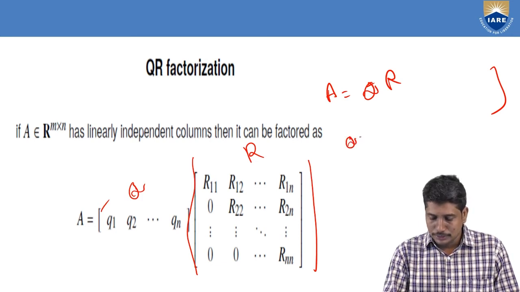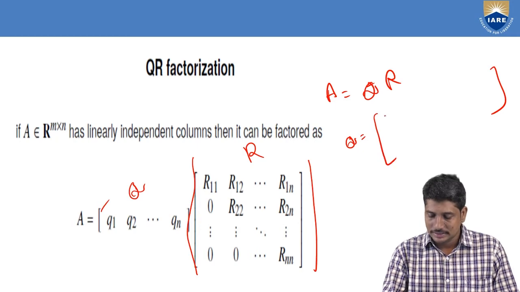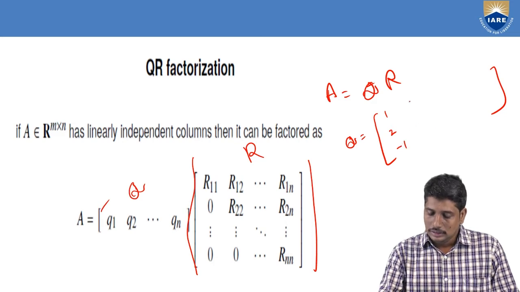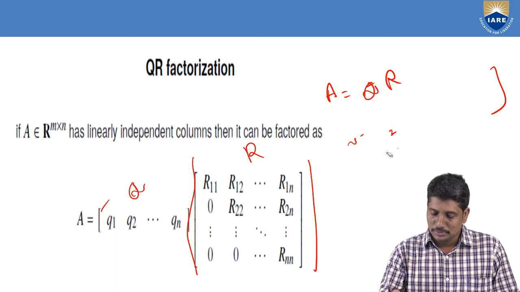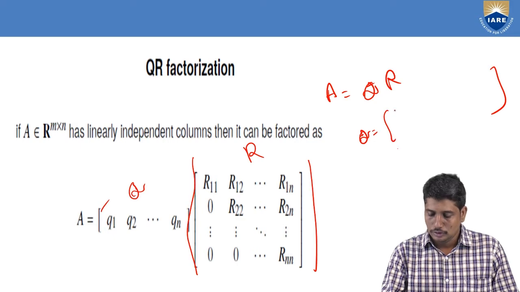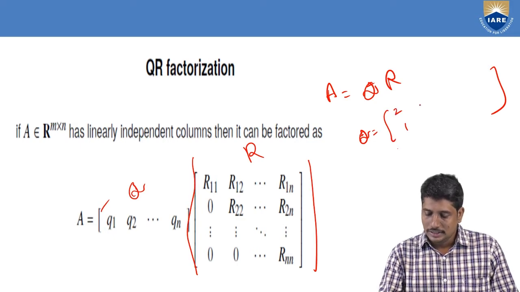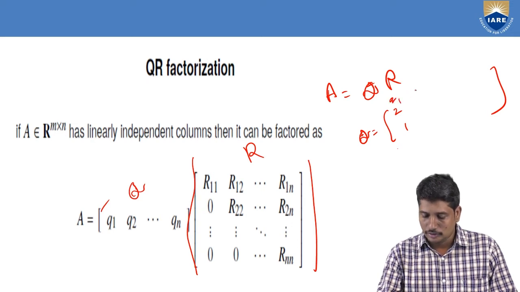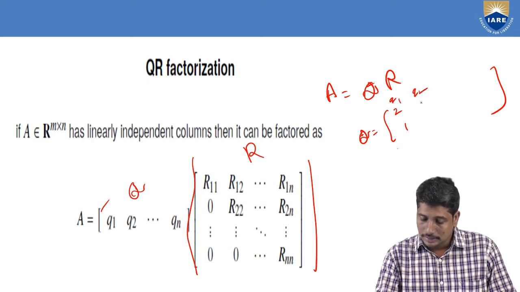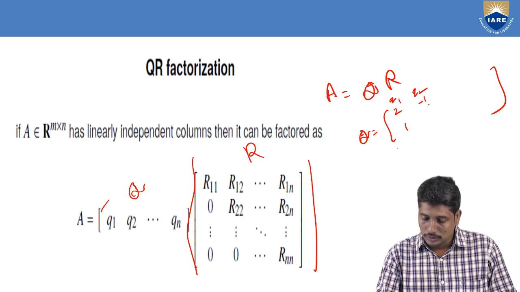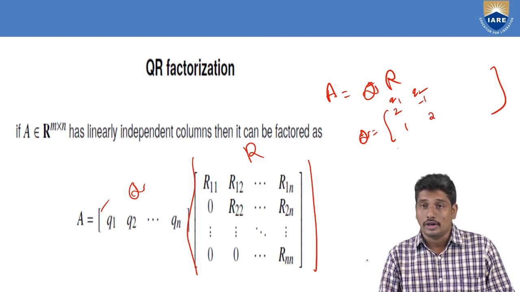For simplicity's sake, let us take a 2 by 2 matrix. Q is equal to the first column 2, 1 and the second column minus 1, 2.